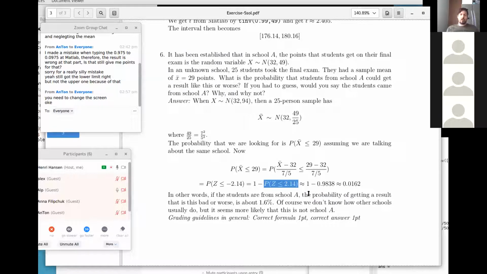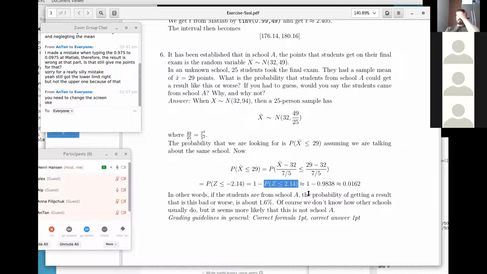But this is an open-ended assumption. Yes, if they are from school A. But what if we have another school, B, or C, or D? We have several schools.